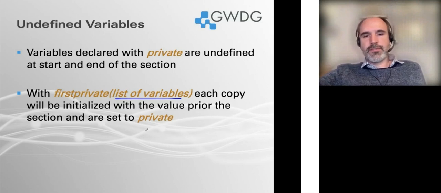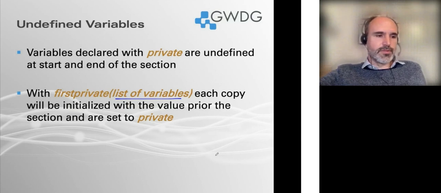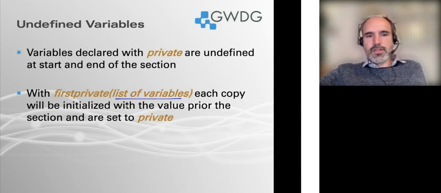So you need to have the same variable in your code already with a given value. And if you then start your parallel section, you can say firstprivate, and then you initialize the copy with the value of the first appearance of this variable. And then, of course, as it states here, the firstprivate is then still private afterwards. Right.